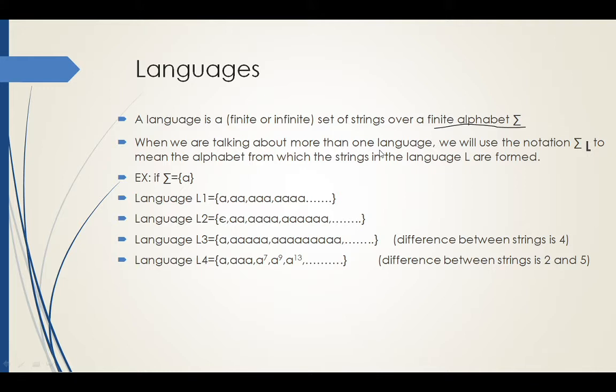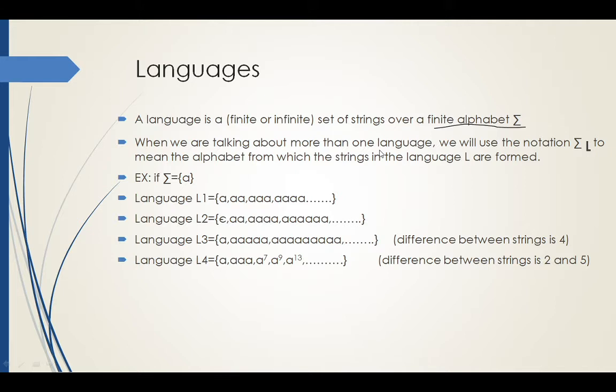Next was the prefix. The left part of a string is called a prefix of the given string. For example, if I take abba, then the prefixes of this are a, ab, abb. Next, the suffix or postfix, you can say, of a given string is nothing but the right part of a string.